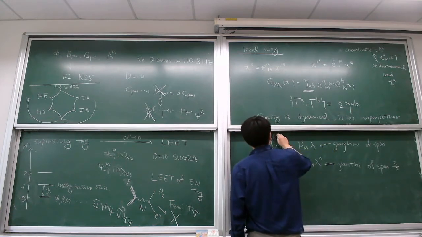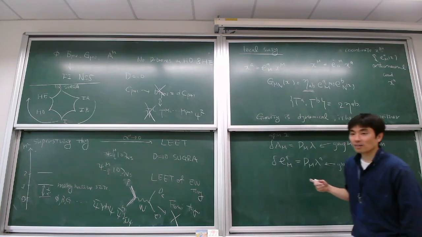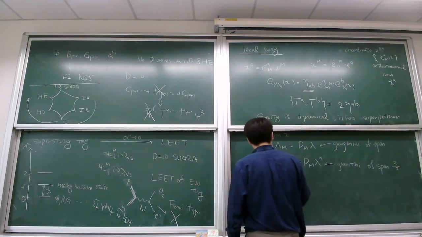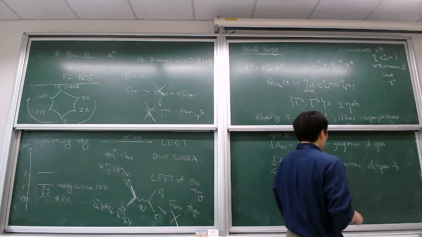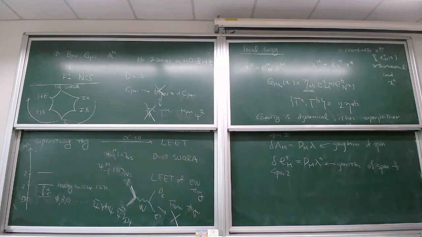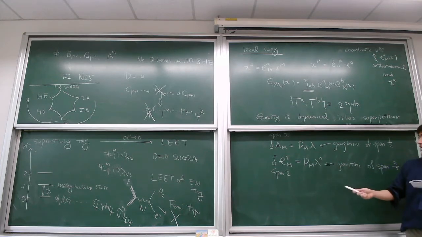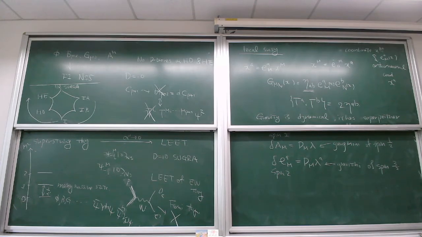What is the spin of the graviton? You have 2 indices, so spin 2. And by supersymmetry, you go down by one half. The same thing happens for the gauge field. The gaugino should have spin 1/2. It's a parameter, but it has some space-time indices, and that will give you spin 3/2. And D_m is the covariant derivative of space-time.